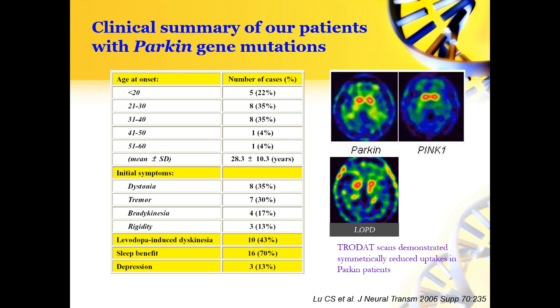Characteristic clinical findings include a higher frequency of dystonia as the initial presentation, a higher rate of levodopa-induced dyskinesia, and obvious sleep benefit. The dopamine transporter image demonstrated symmetrically reduced uptake in the basal ganglia in Parkin carriers.